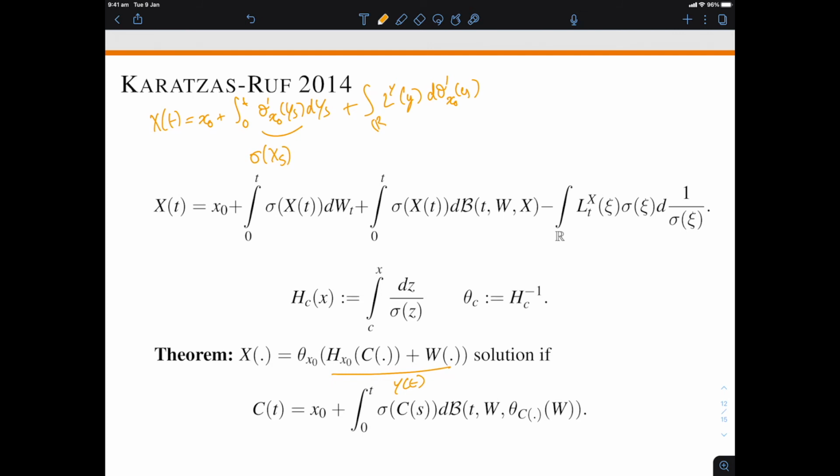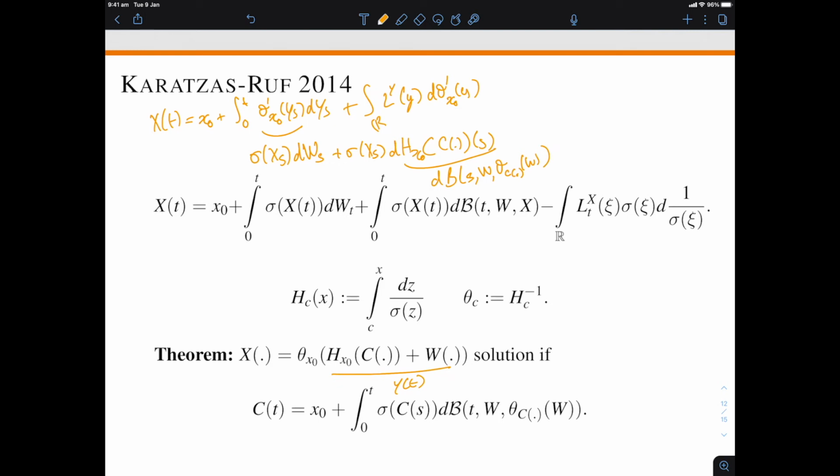And then you have your dy_s, which is two terms, a dW_s term, which is exactly what you want, and then another term, which is d of h of x naught c dot, if you want to apply it s. Let's put it that way. And now d of h of x naught of c, because your c has to satisfy this equation, that will give you precisely the script b of s, w theta c dot of w.